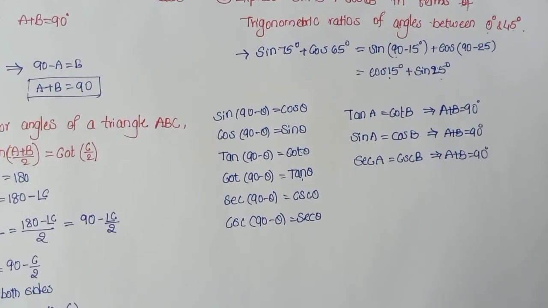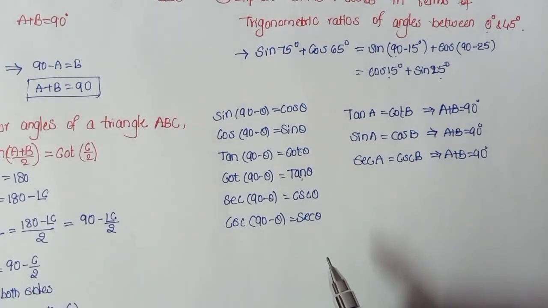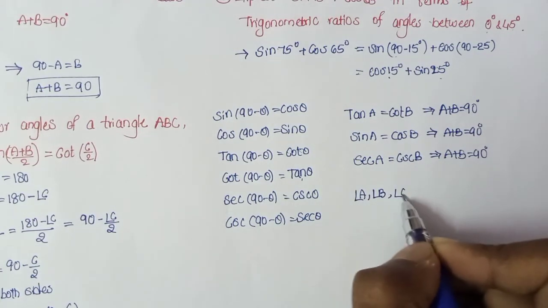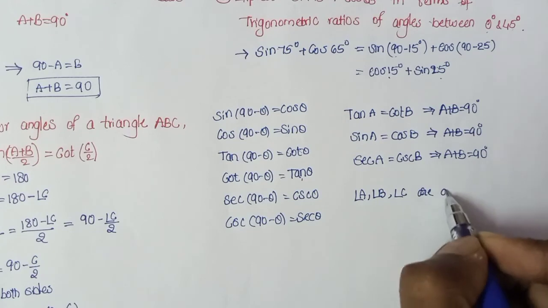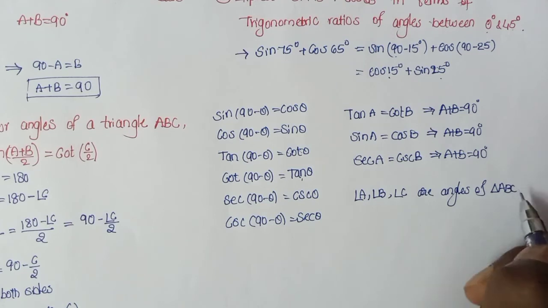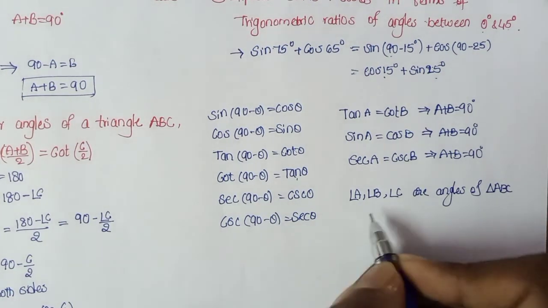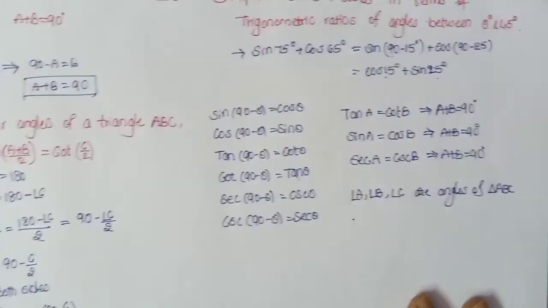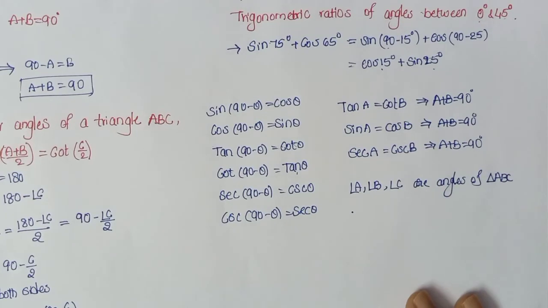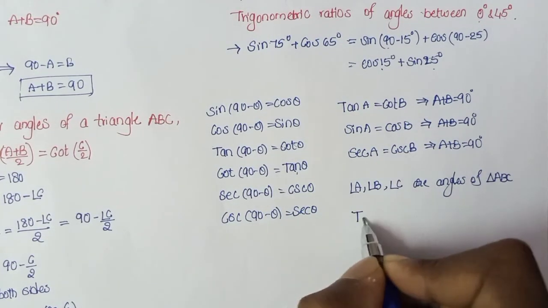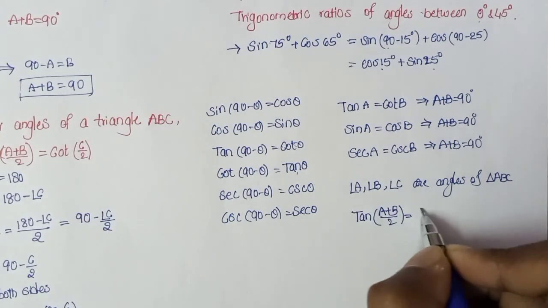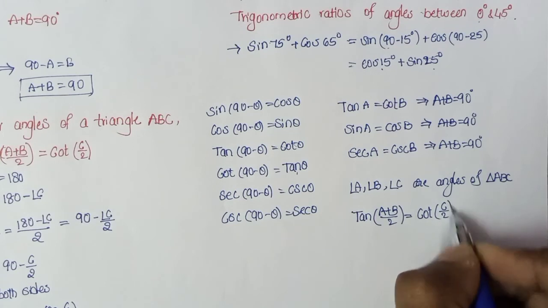And one more thing: let us say angle A, angle B, angle C are angles of triangle ABC. Then what are the possible relationships here from this question? We derived tan of (A plus B) by 2 is equal to cot C by 2.